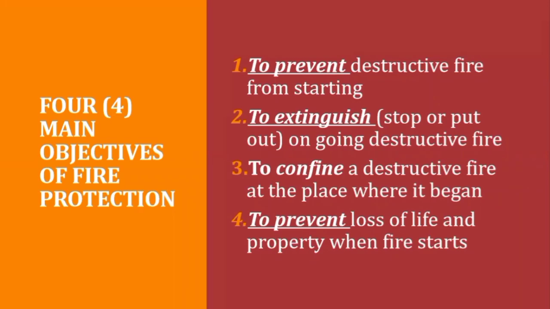If there is already a fire in the building, for example one of the rooms of the building is on fire, then we need to save the other rooms or other buildings, so that the fire may not reach the other rooms or even the other building. Otherwise, when it happens, the damage that the fire may cause is bigger.